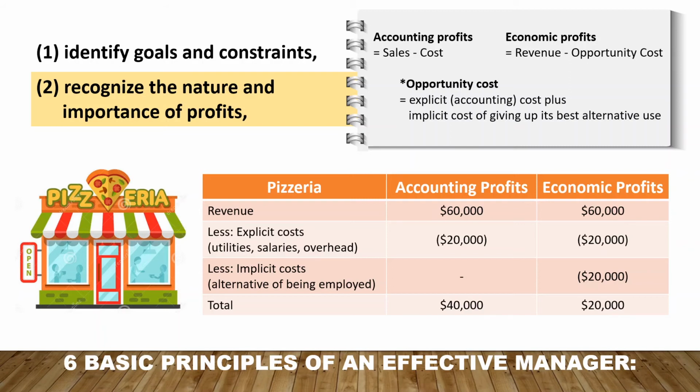Let us say you are employed and paid $20,000 yearly. The annual $20,000 is the opportunity or implicit cost of time which will be deducted from the $40,000 accounting profits. Thus, your economic profits would be $20,000.